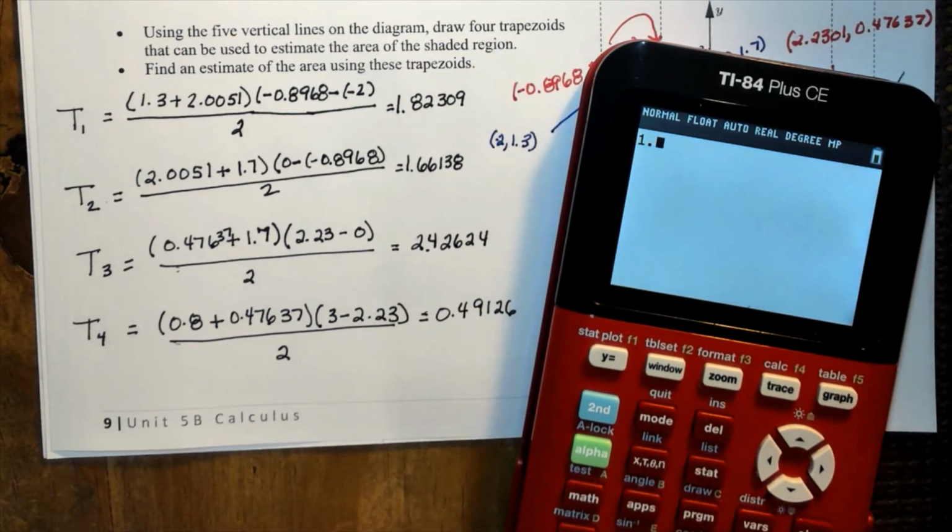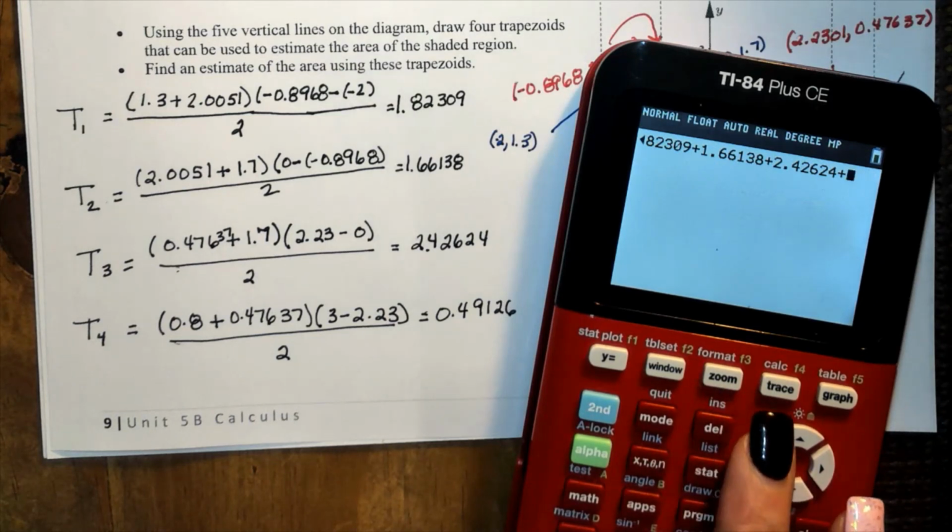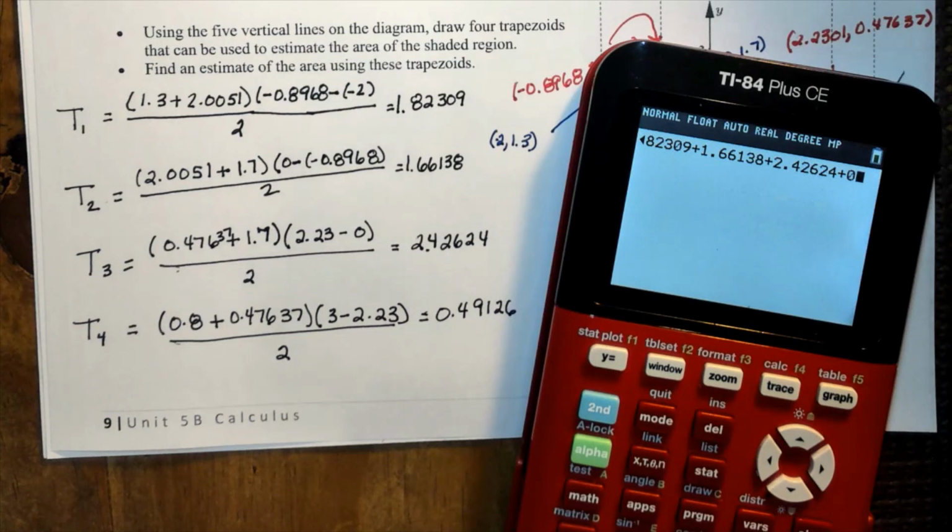I'm going to do 1.82309 plus 1.66138 plus 2.42624 plus, ooh, where am I at? 0.49126.